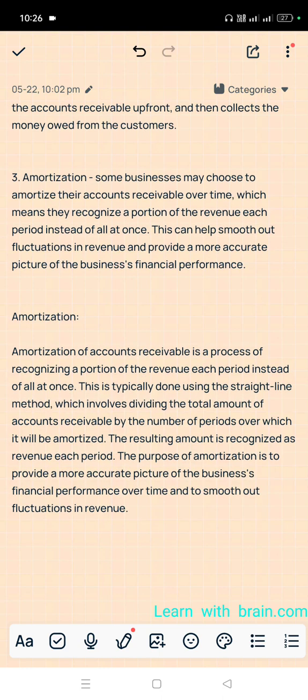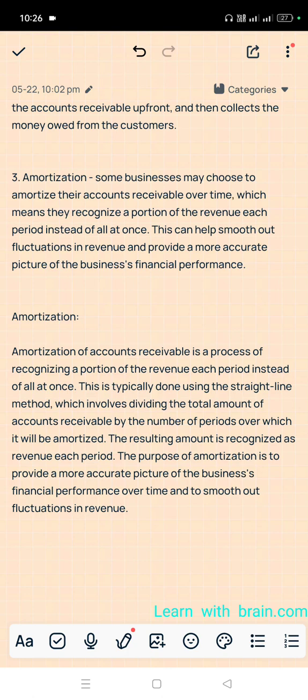Amortization of accounts receivable is a process of recognizing a portion of the revenue each period instead of all at once. So in our example of 1 lakh, we have to amortize revenue each period instead of all at once.